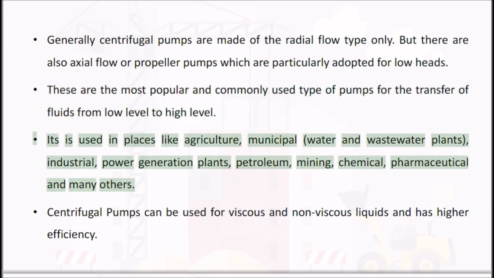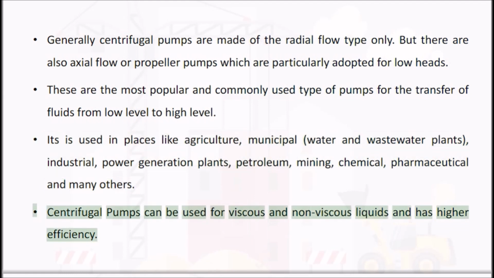It is used in places like agriculture, municipal water and wastewater plants, industrial, power generation plants, petroleum, mining, chemical, pharmaceutical and many others. Centrifugal pumps can be used for viscous and non-viscous liquids and have higher efficiency.